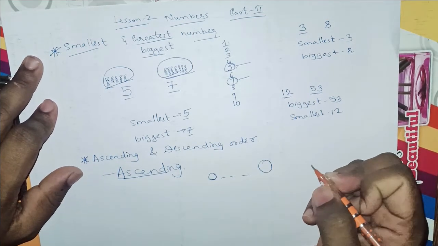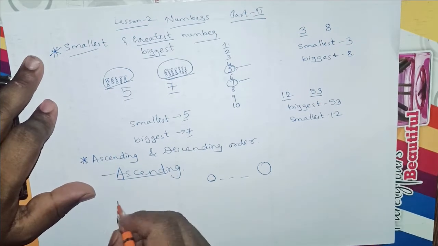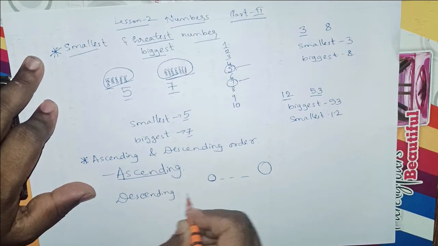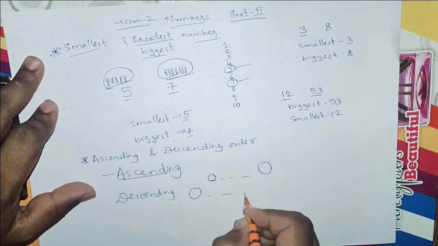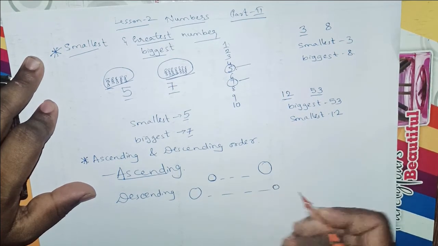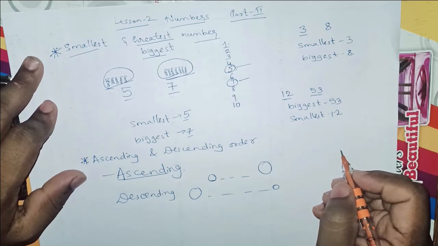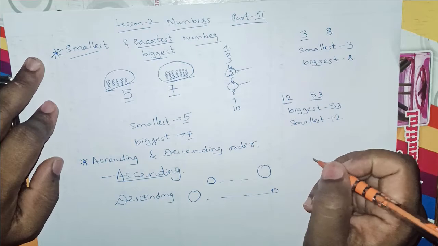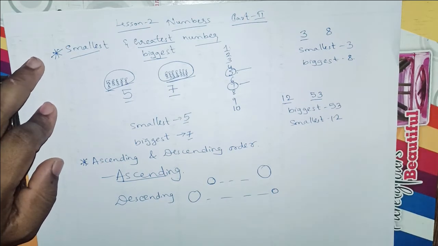Descending means you will start writing the bigger number first and it goes on decreasing to smaller numbers. Okay, understood? Let us solve some examples, then you will come to know.